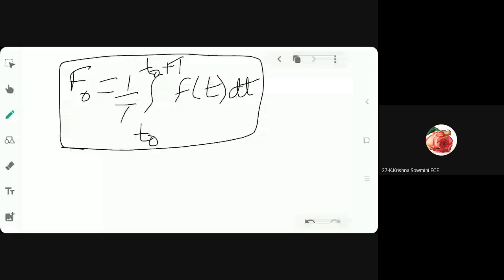Whether it is exponential Fourier series or trigonometric Fourier series, it is the same procedure, but one, using a trigonometric Fourier series, you are representing f of t as a sum of sine and cosine functions. Now using exponential Fourier series, you are representing f of t as a sum of exponential functions.